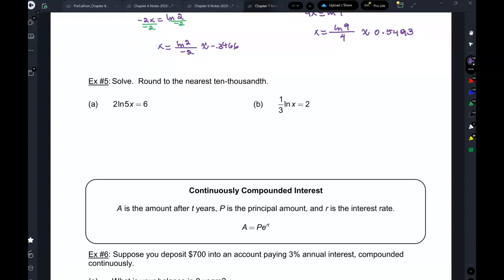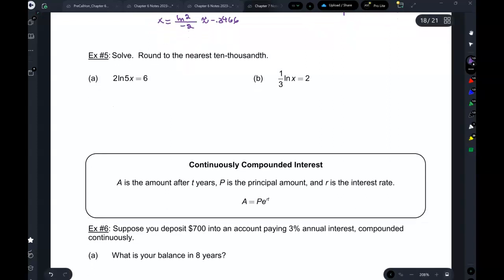All right. So now let's solve some logarithmic functions. Divide by 2, divide by 2. ln of 5x is equal to 3. Now I have a logarithmic function. What is the answer to a logarithm? An exponent.